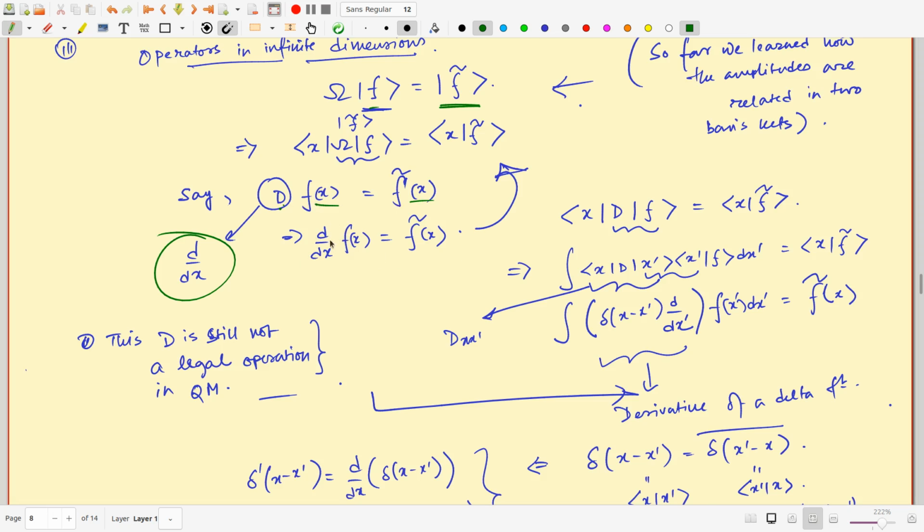So how do I find the matrix representation and see this in matrix form? That is very simple. You start with this form, which let me call the D operator. D is the d/dx operator, and put x on both sides. Then I put the resolution of identity in the middle.